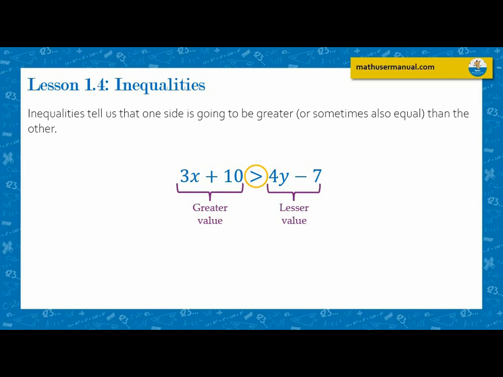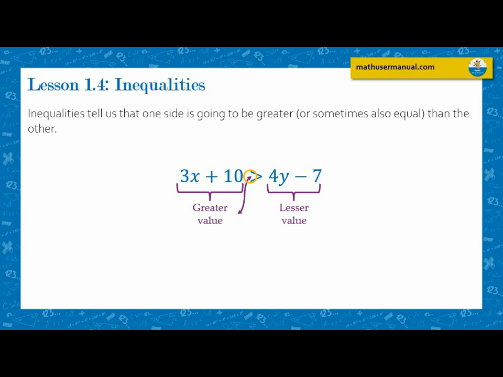This is inequalities, one side being greater than the other. So if we're going to be learning about inequalities, we need to understand how to read this inequality symbol. To read it, we need to take a look at the open and the closed side of this symbol. The open side is always going to be pointing towards the greater part of the equation.